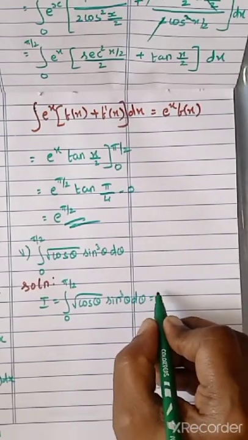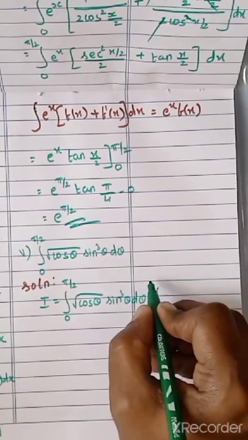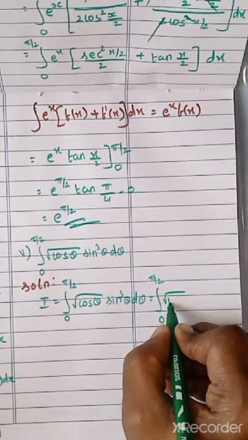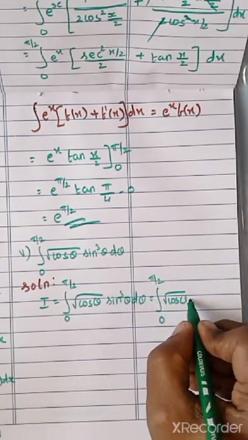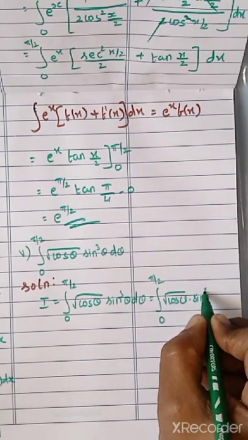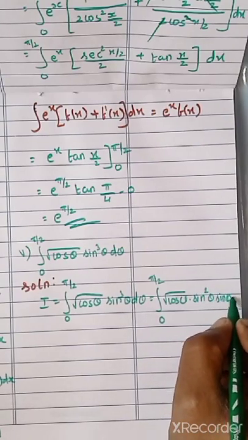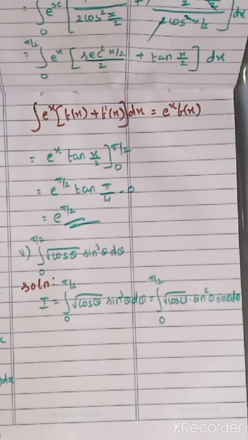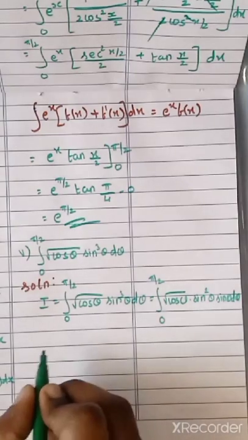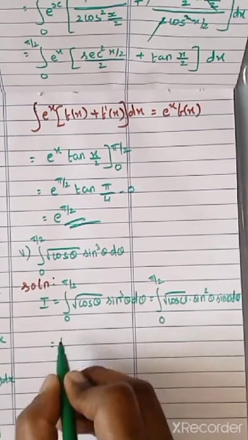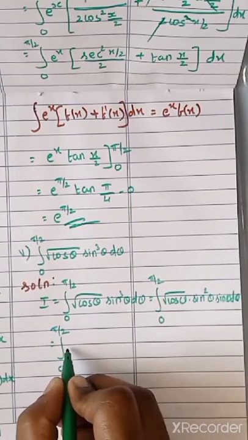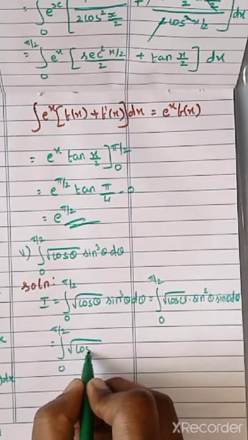This we can write as integral 0 to pi by 2 square root of cos theta. In the cube, we are splitting as sin square theta into sin theta. Okay. Now, which is equal to integral 0 to pi by 2 square root of cos theta.